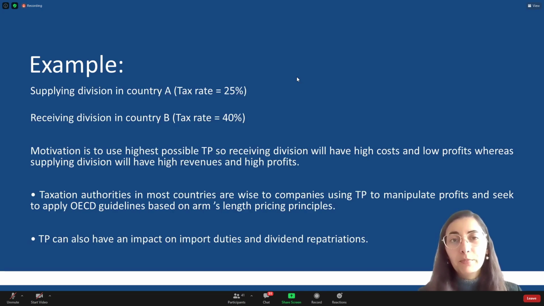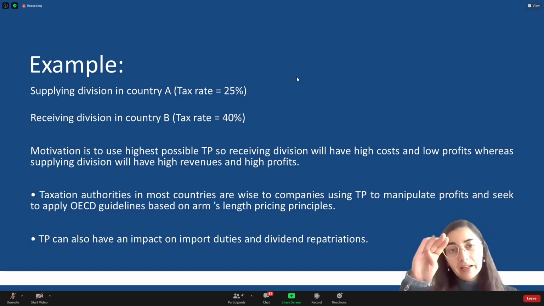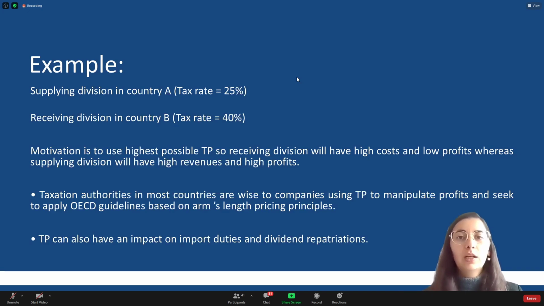You have the web page on Moodle. There are extra readings for week 3, a lot of extra readings there about transfer prices. We have the page of the OECD, and you can go to the list of countries and see the regulation of each country. These guidelines are based on these arm's length pricing principles.